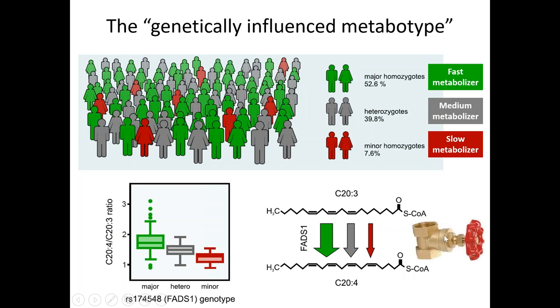The other important concept here to think about is that this here is just one variant in one enzyme working on one set of metabolites in our body, and given that we have different genotypes here, I like to imagine these as different settings of a valve in your metabolic piping system. And then if you look into the population, people will have different settings of these valves. So there will be 0, 1, or 2 positions to set these valves in high, slow, or medium throughput.